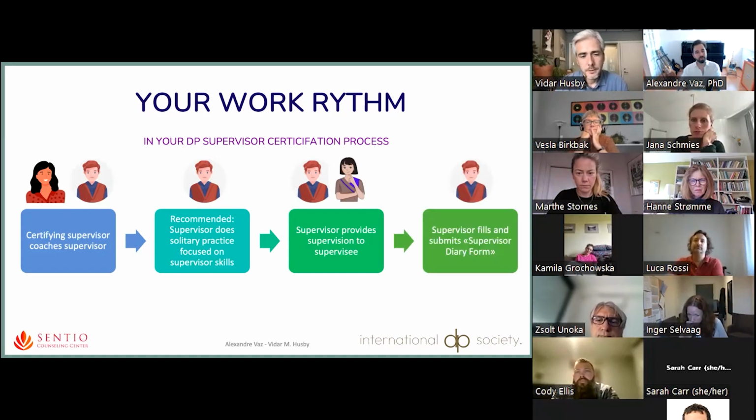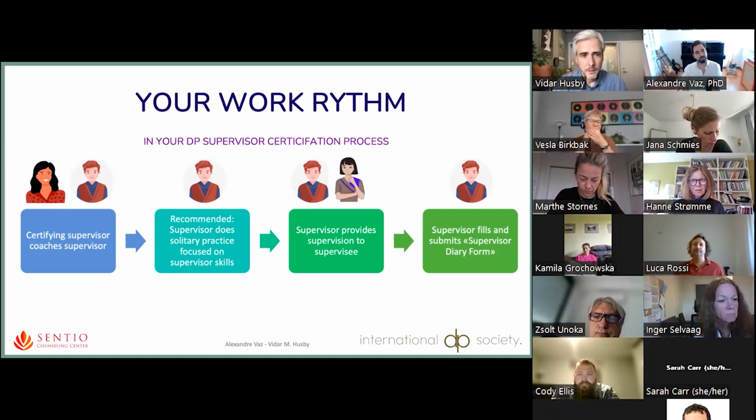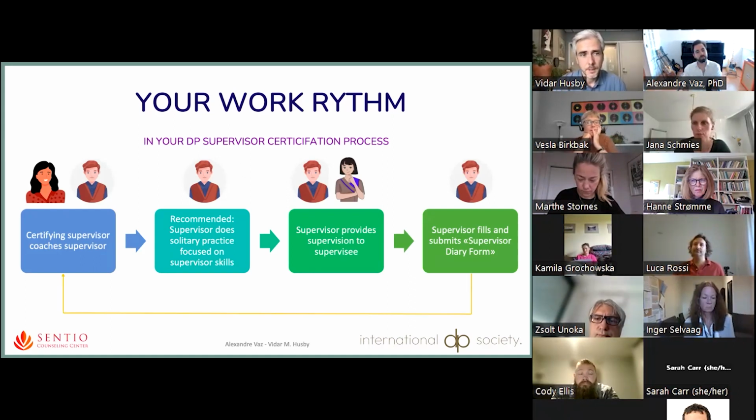and after providing supervision, you fill a short form. It's not a lot of paperwork. It's more like consolidating your experience and getting conscious about what you have been trying to do and how it went. This is submitted to your certifying supervisor, and we often pick up on that in the next supervision.